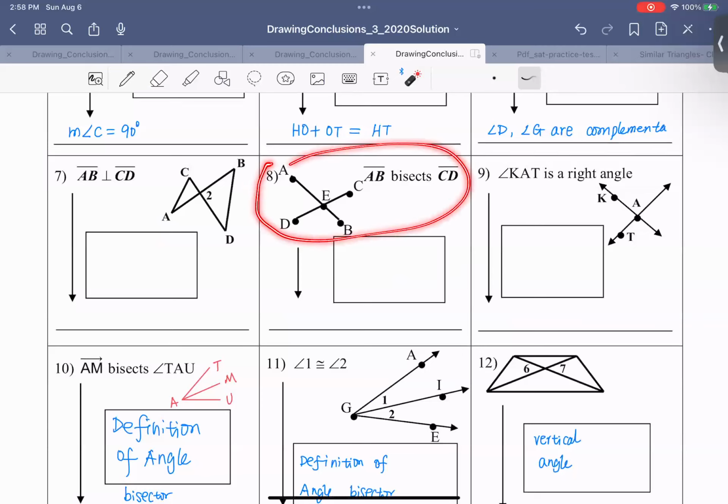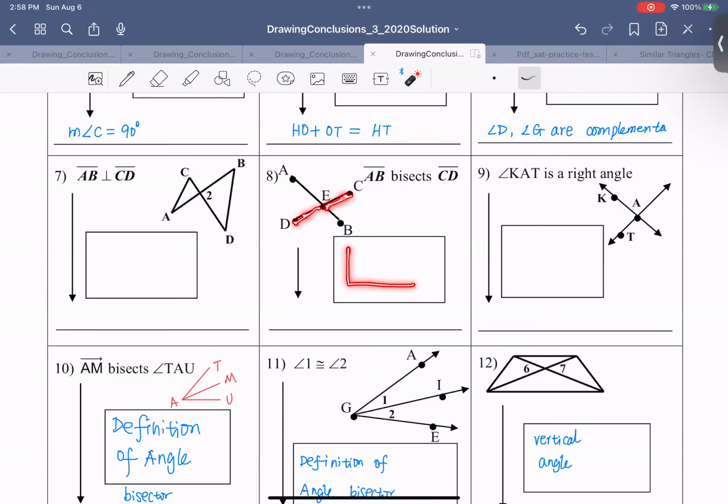Line AB bisects line CD. This bisect means this segment is split into 2 equal pieces. So line segment DE is, what's the word, congruent to line segment EC.